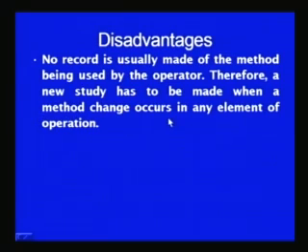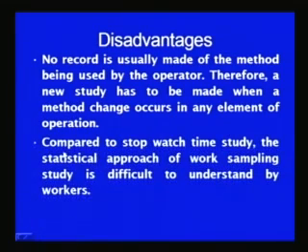That is why if there is any change, a fresh study is to be conducted for setting the time standard. Compared to the stopwatch time study, the statistical approach is found to be difficult for the worker to understand. Workers find it difficult to understand in which way the time standards are being set.